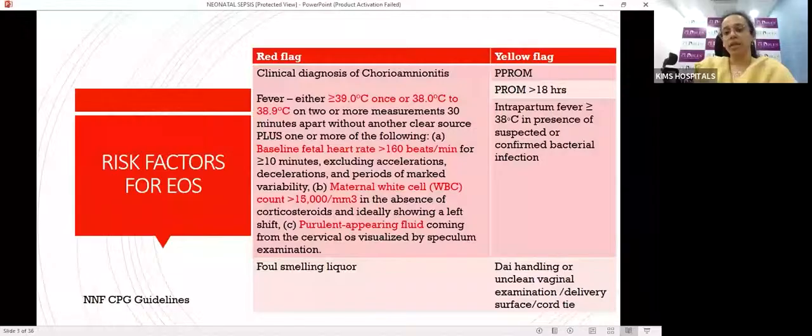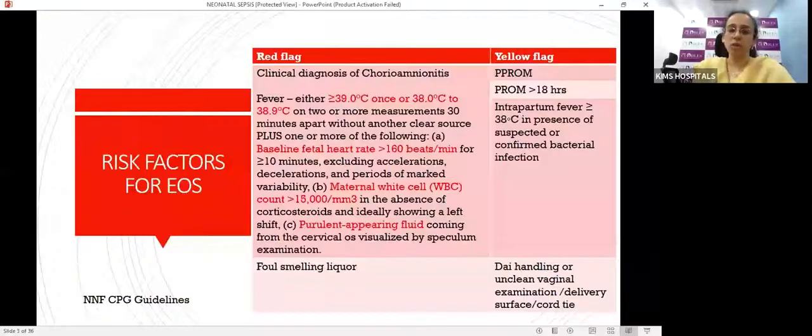Coming to the yellow flag signs: any premature rupture of membranes or prolonged rupture of membranes more than 18 hours, or any intrapartum fever in the mother more than 38 degrees centigrade in the presence of suspected or confirmed bacterial infection, and any unclean vaginal examination or delivery in an unclean setup is considered a yellow flag.